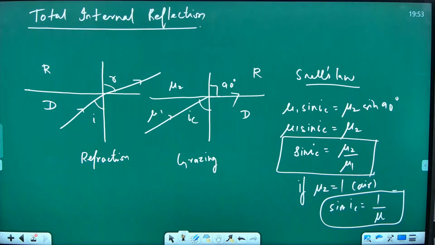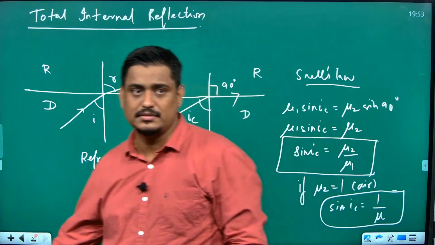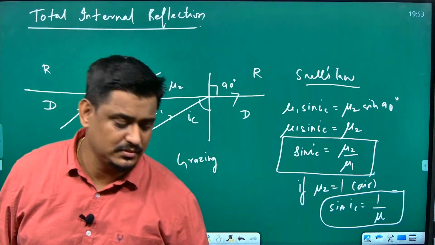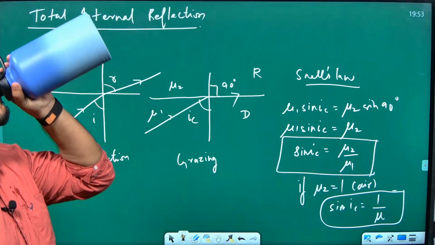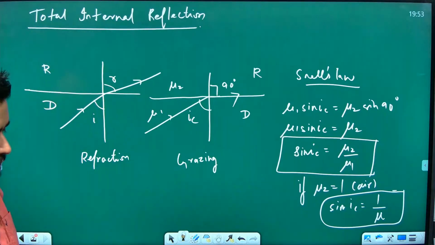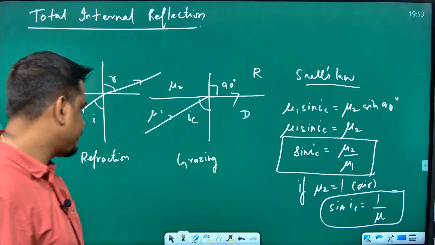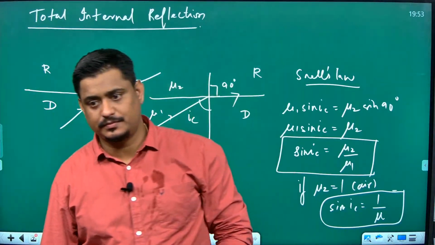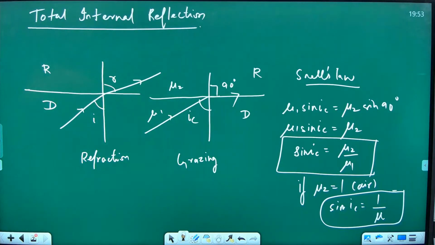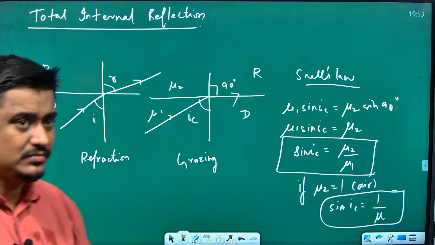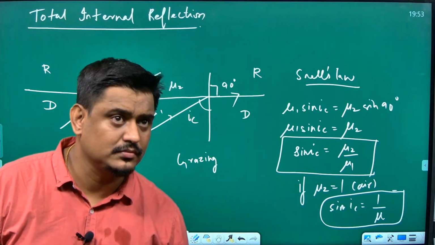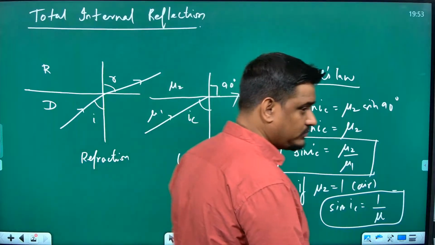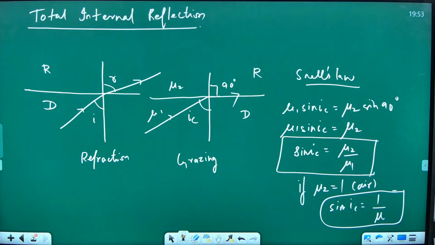In many places we will use Snell's law, mu1 sin I is equal to mu2 sin R, and you are seeing we are using it. Shall I proceed? Have you copied this?